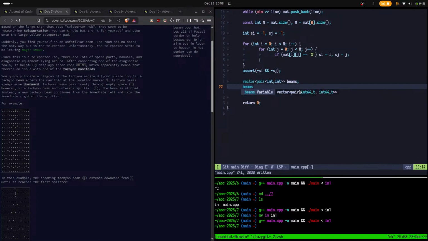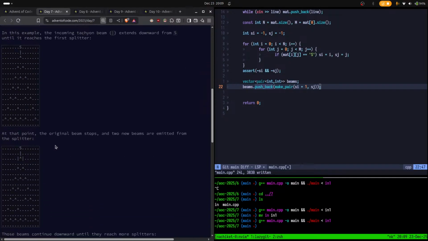This starts as a pair, the next row and the same column. If you notice, this beam is just below the position where it is marked as S. This is done.